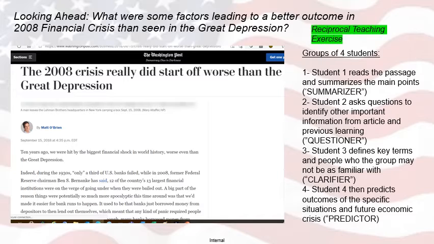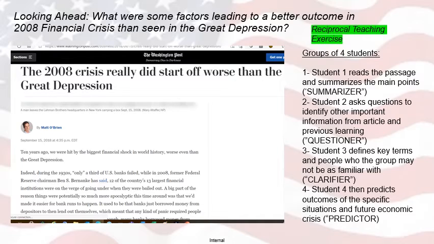And as a complete class, we would together take on the summarizer, questioner, clarifier, and predictor role of the article from the student newspaper, but then really shift into breaking out in groups of 4. And after they're familiar with this reciprocal teaching exercise technique, float around and just assign each student one of the roles.